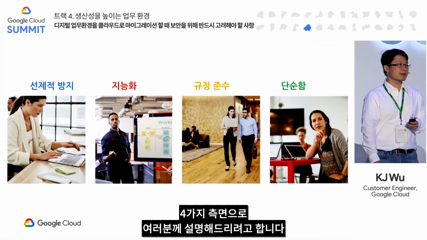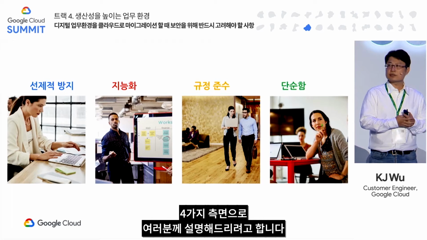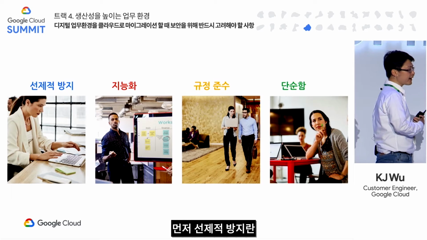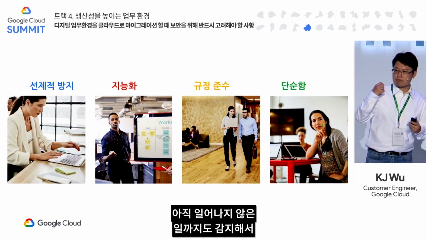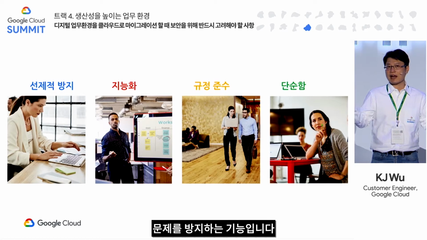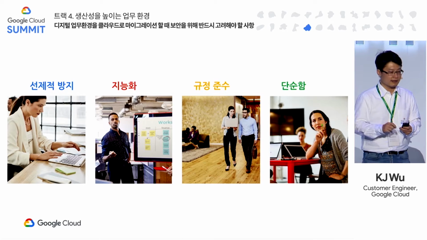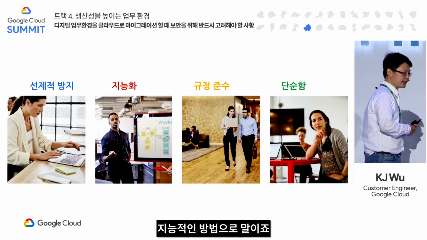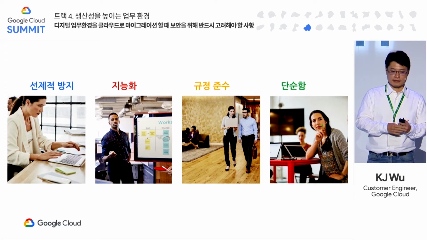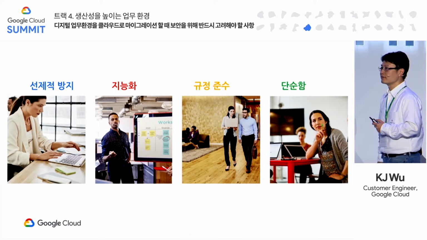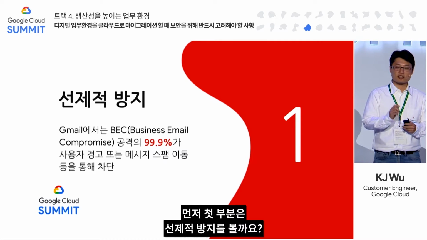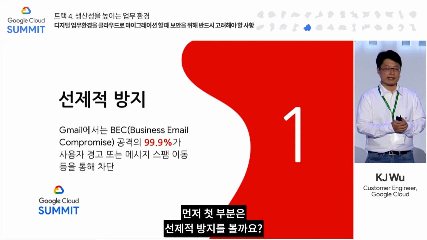I'm going to use four different aspects to talk about it: beginning with proactively protecting and preventing attacks from happening; even if it's not happening, we will detect it intelligently; and also help you meet compliance and keep that simple. But how do we do that? Let's talk about our first part, proactive.